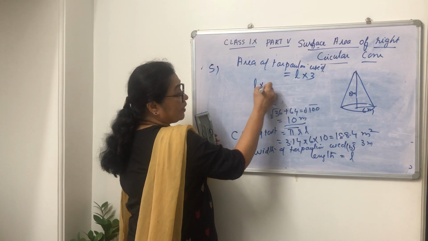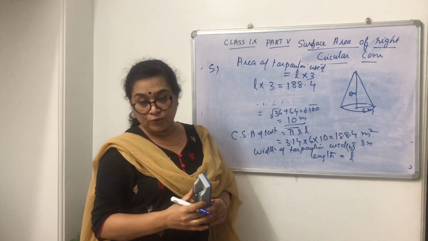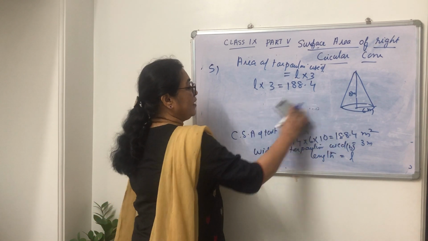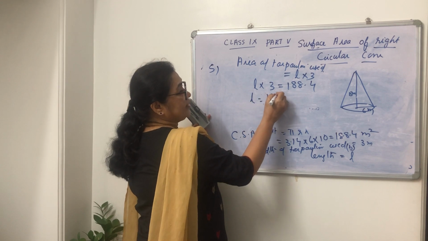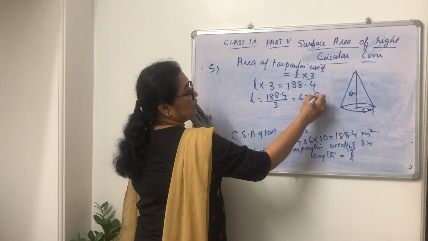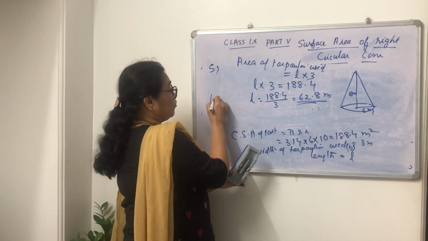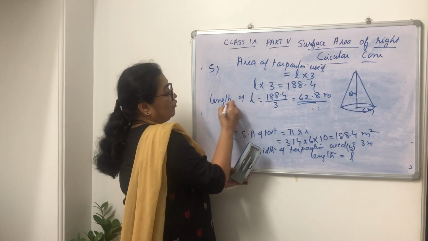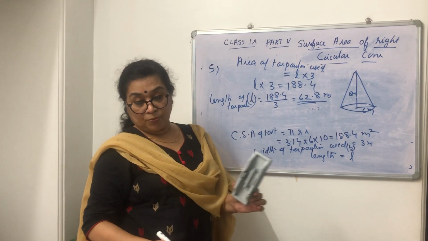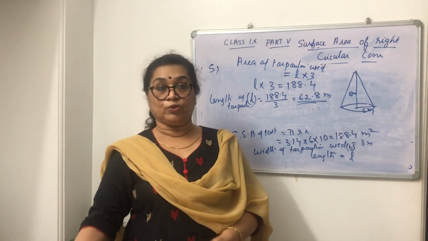That L into 3 is equal to 188.4, the curved surface area of the tent. Then L is equal to 188.4 by 3. So L, the length of tarpaulin, is equal to 62.8.